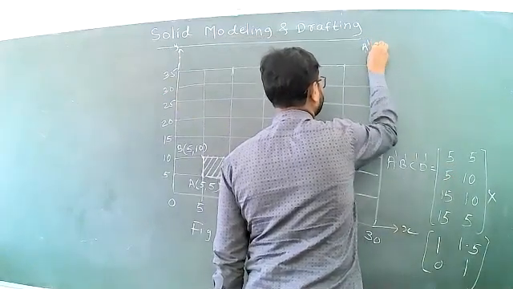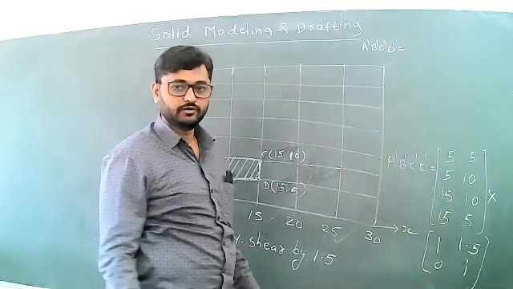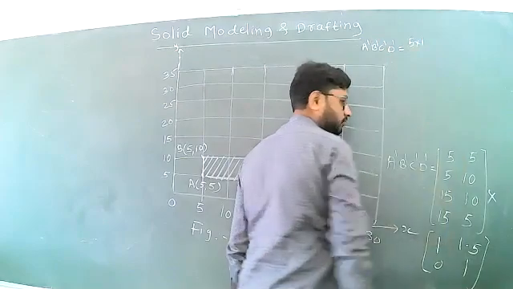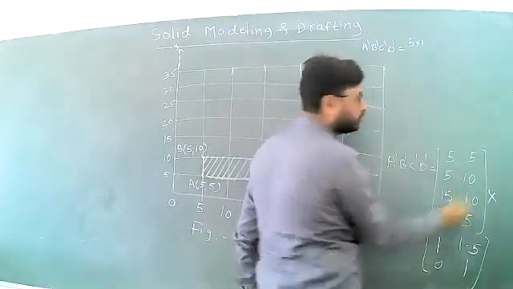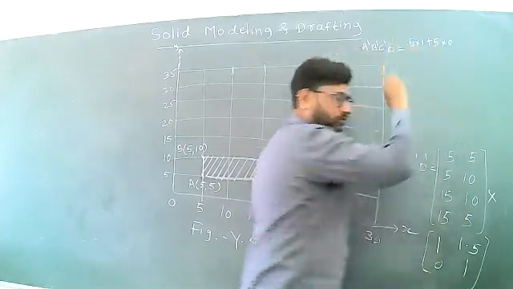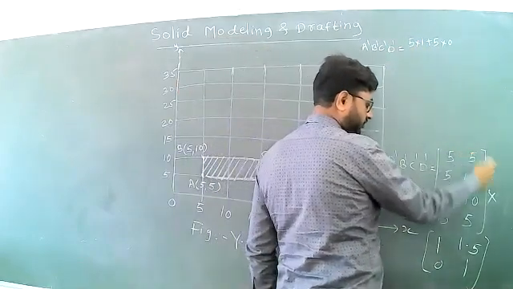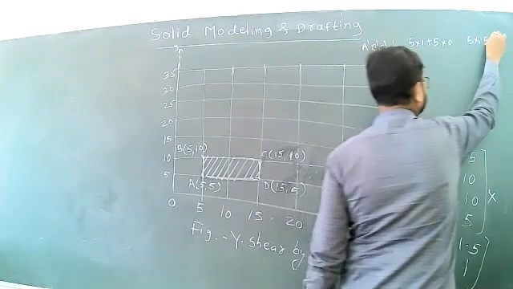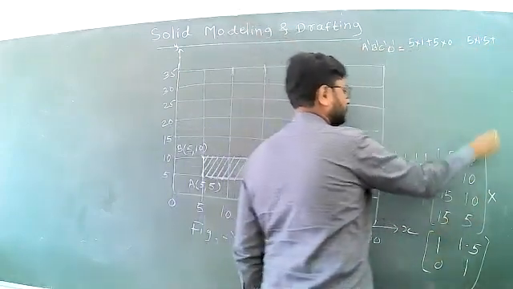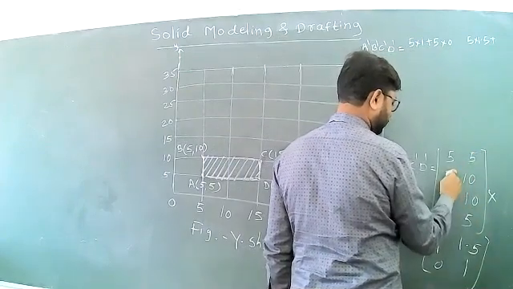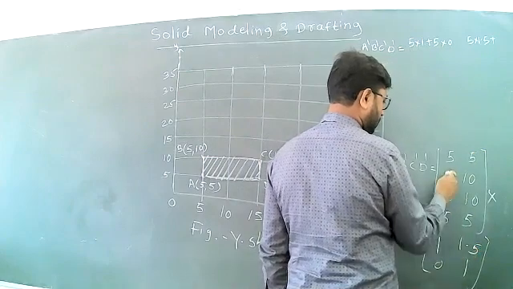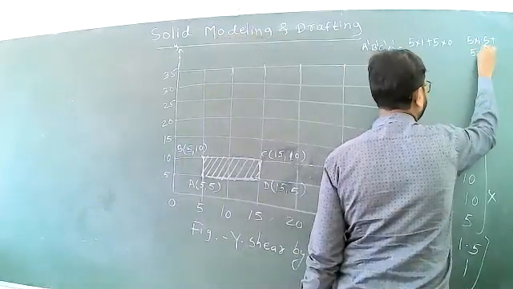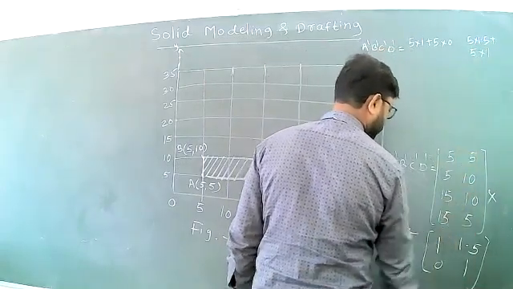So A dash, B dash, C dash, D dash is equal to: first row, 5 into 1 plus 5 into 0, and the second term, 5 into 1.5 plus 5 into 1. First, this row into this column.